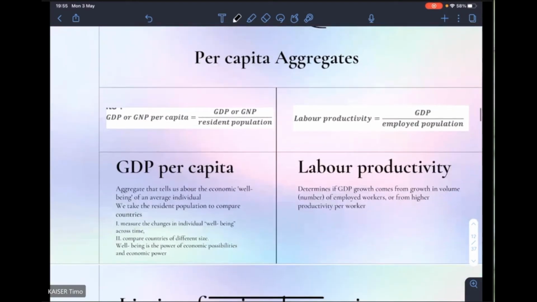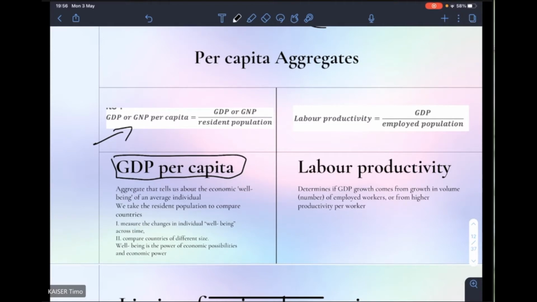Then we have the last but not least important aggregate for national accounting, which would be the GDP per capita and the labor productivity aggregates, which are actually the per capita aggregates. The main thing here is that the GDP per capita, the formula you have given here, just tells us a little bit about the well-being of each individual of an economy.